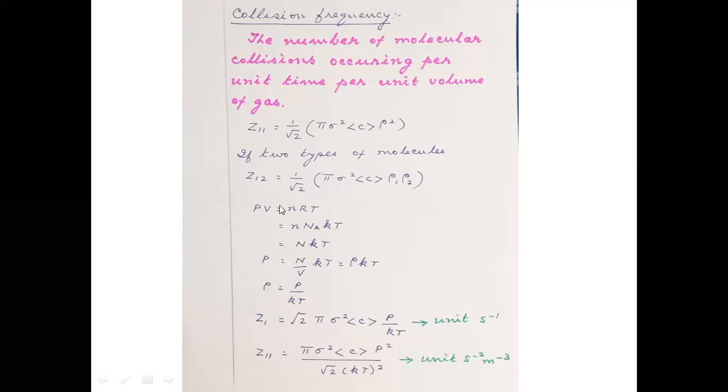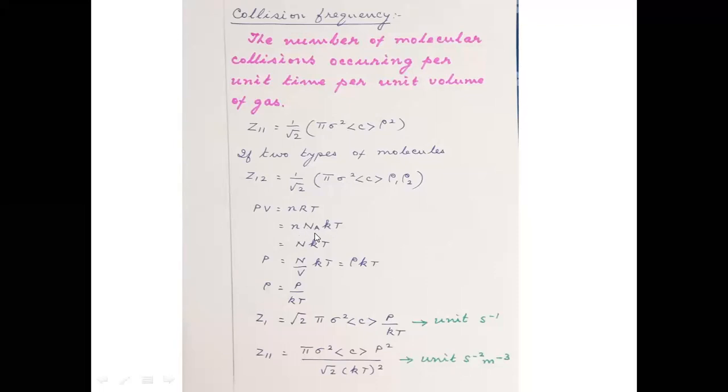So look here, you know PV is equal to nRT according to the ideal gas equation. This n is the number of moles. If you want to calculate the total number of molecules from the number of moles, it is number of moles into Avogadro number.